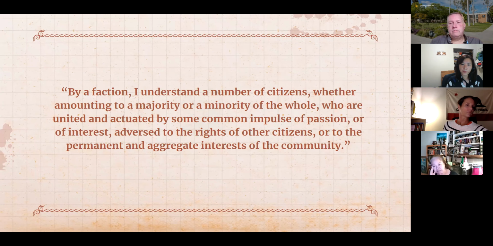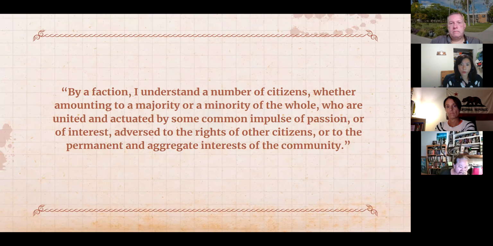Simply speaking, faction is a group of citizens united by some common interest or purpose, averse to the rights of other citizens. Today we'd call them a special interest group. And factions are not limited to political parties, so they can frequently be formed within any group. It can be any ideology or any financial purpose, it doesn't have to be political.